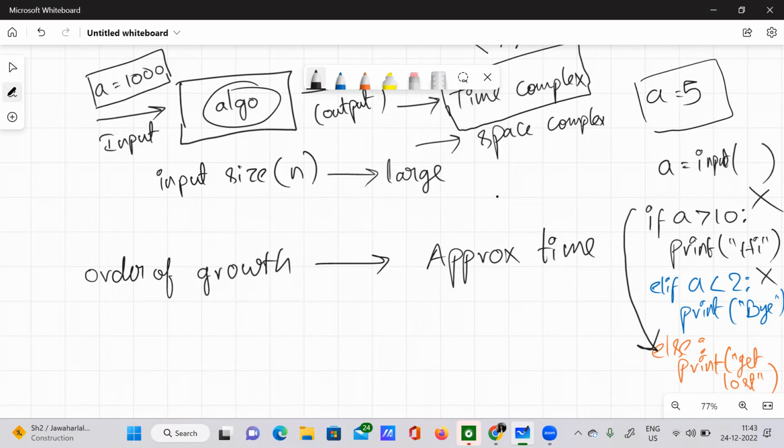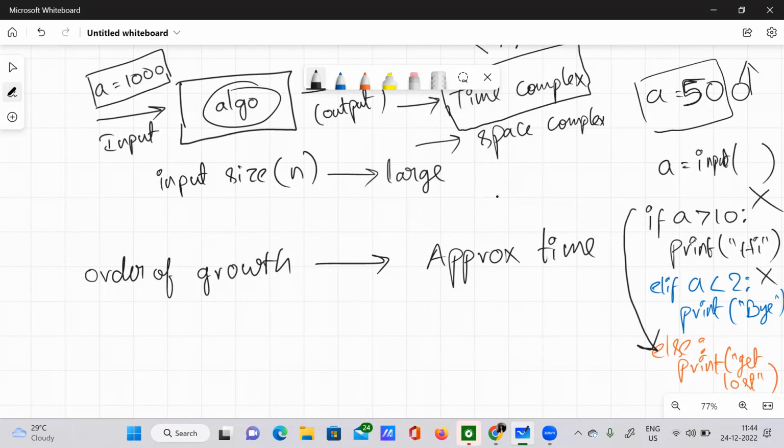So order of growth would be that particular approximate time to run a particular program. So that would be our order of growth, right? Now, what happens is if our input size is increasing, like at first the user has entered a equal to 5, and then the user has entered 50 and then 500 and so on.